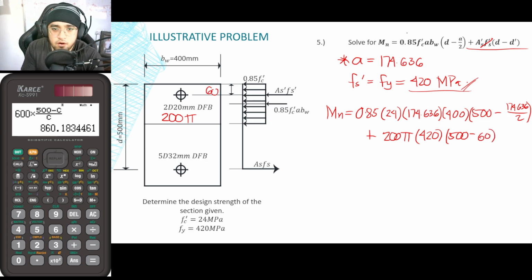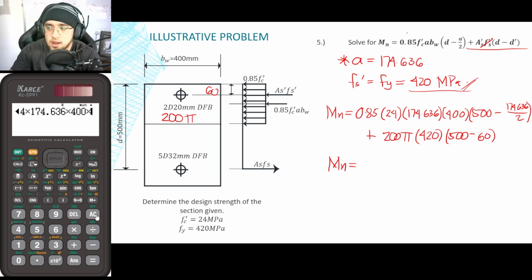Okay, so solving for the nominal moment, this is now equal to 0.85 times 24 times 174.636 times 400 times (500 minus 174.636 divided by 2) plus 200 pi times 420 times (500 minus 60).